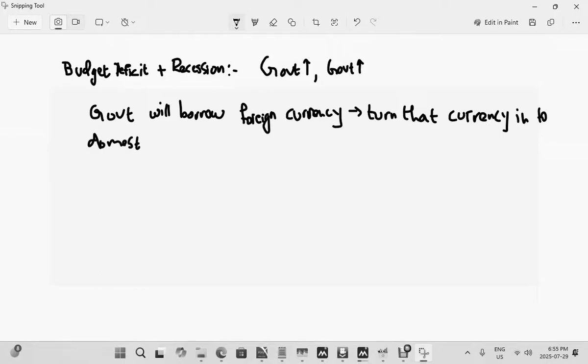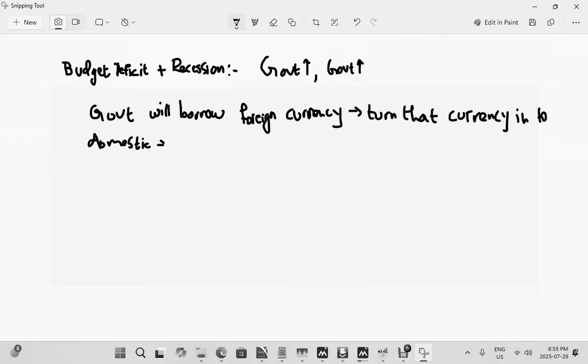Now, if the government keeps borrowing foreign currency in this manner, what's going to end up happening is the foreign currency will weaken the domestic currency by increasing money supply. So as money supply goes up, the value of domestic currency will go down.